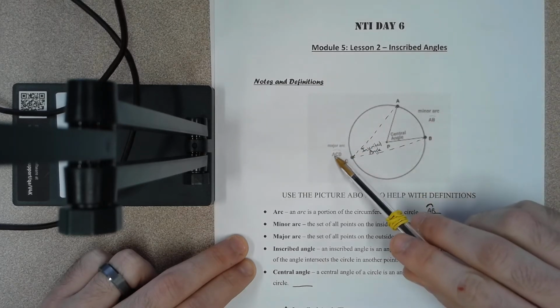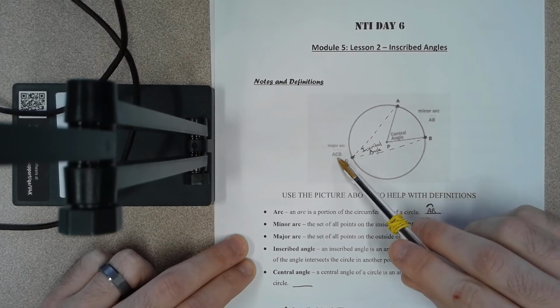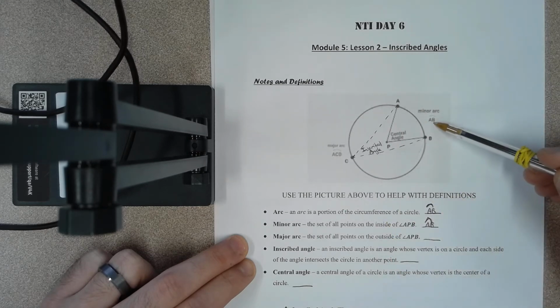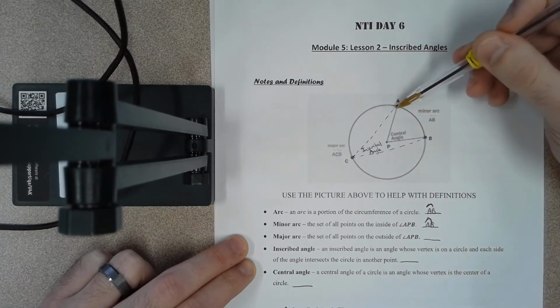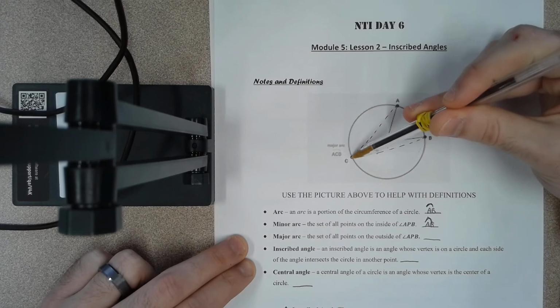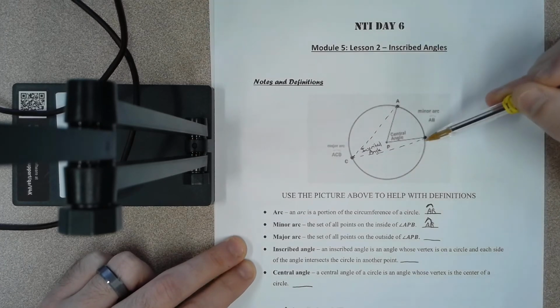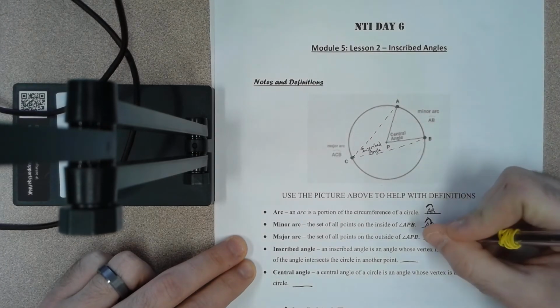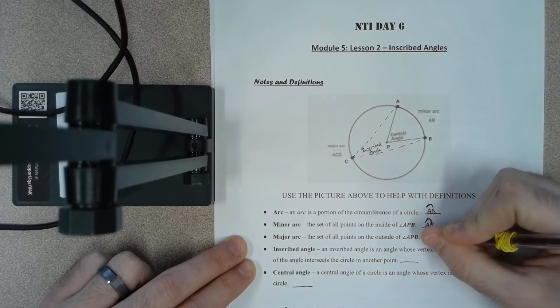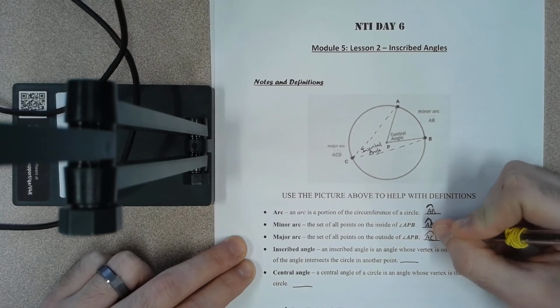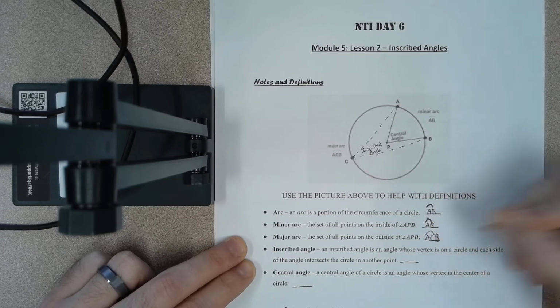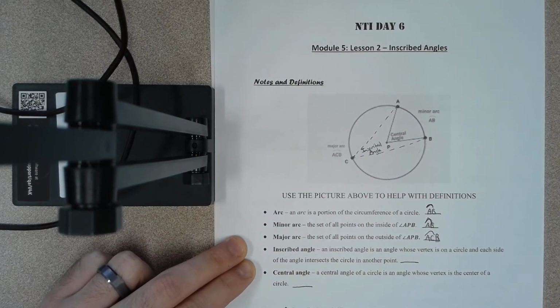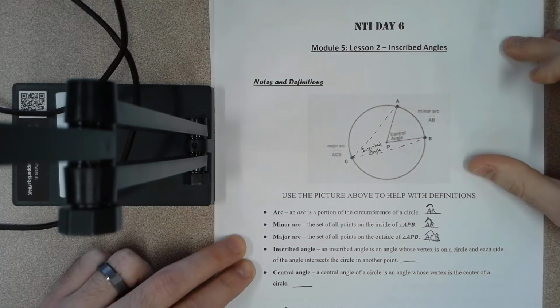So the minor arc is AB, and the major arc goes from A, touches C, and then gets all the way back around to B. So my major arc is going to be ACB. Okay, so that's it for arcs.